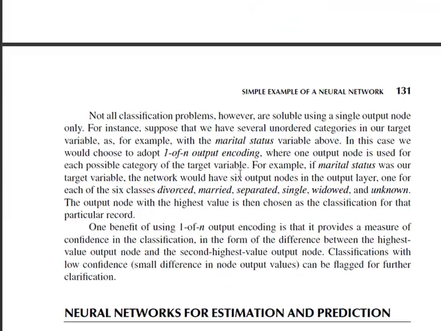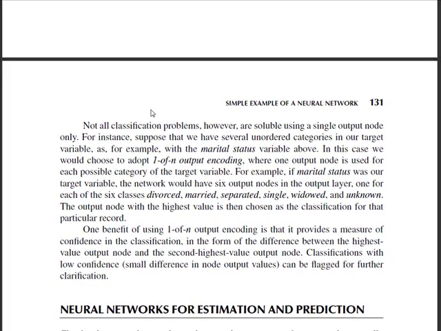Not all classification problems, however, are soluble using a single output node. For instance, suppose that we have several unordered categories in our target variable, as for example with the marital status variable above.